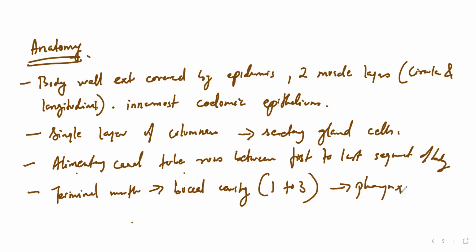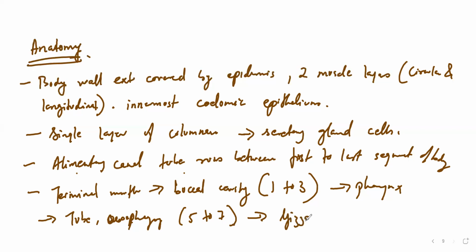Then from the pharynx, that is after 1 to 3, next you have the esophagus, a tube which will start from 5 to 7. Then it will enter the gizzard, which is present in the 8 to 9 segment.